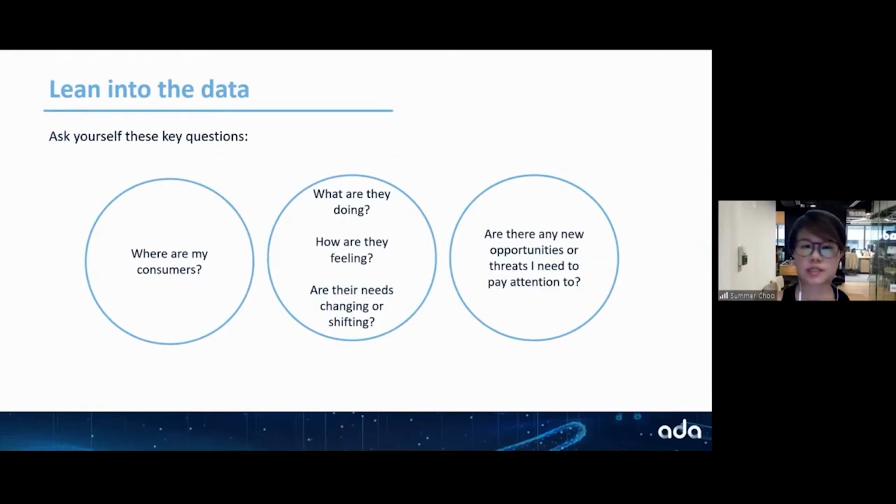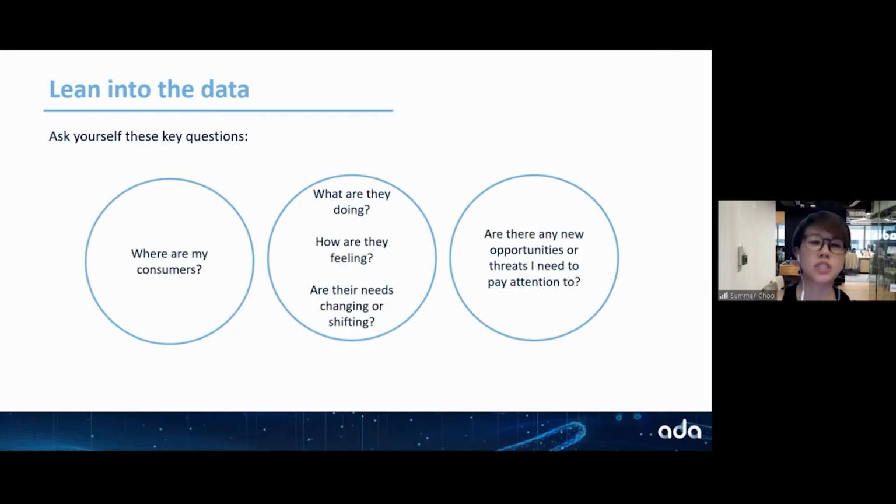Whenever we look into data, there are a few things that we ask. First off, which platforms or channels are our consumers at, and which of them are indexed a lot higher versus the others? And are those channels conducive for me to communicate with my consumers? How are consumers behaving when they are on these channels? Are they just browsing?